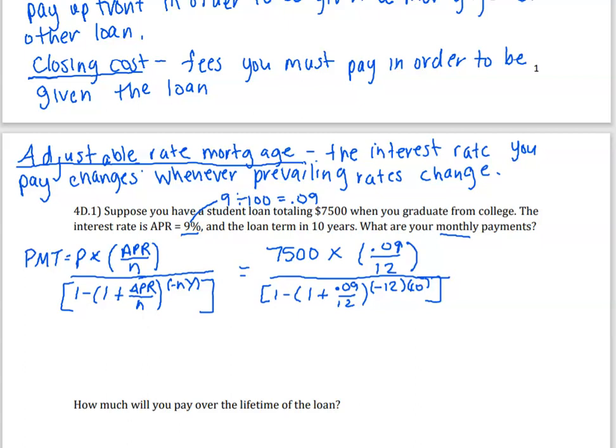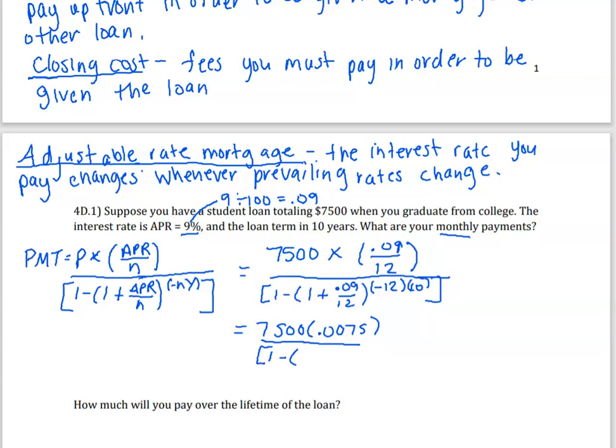Please don't try to type all this in your calculator at once. Break it down a little bit. So I would do 7,500. I would go ahead and figure out, well, what is 0.09 divided by 12? So I could have that as one number, and it's 0.0075.